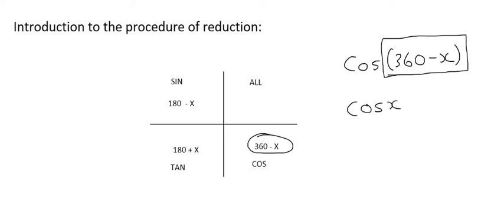Then what we have to do is look and see if cos is positive or negative in that quadrant. Because we are in the quadrant where it says cos, it means that cos is positive in that quadrant. And so cos of 360 minus x simply becomes cos x. This will make sense as we do a few more examples.